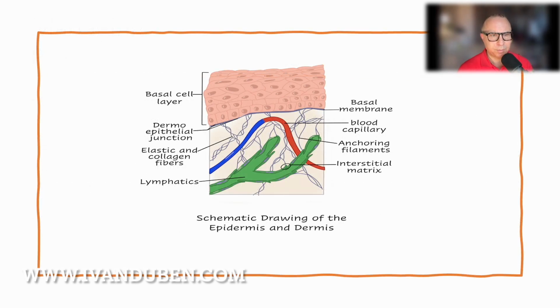This is another example of lymphovascular terrain, a schematic drawing of the epidermis and dermis, and we can see in green the lymphatic system, in red the arterial, in blue the venous, and the anchoring filaments of connective tissue, which are intermingled between all three.